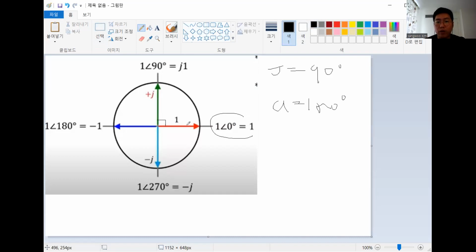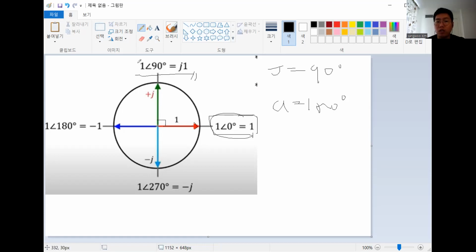So now this arrow has magnitude 1 and an angle of 0 degrees, right? So if you use a calculator, it's going to give this result, and this is 90 degrees, the same value.